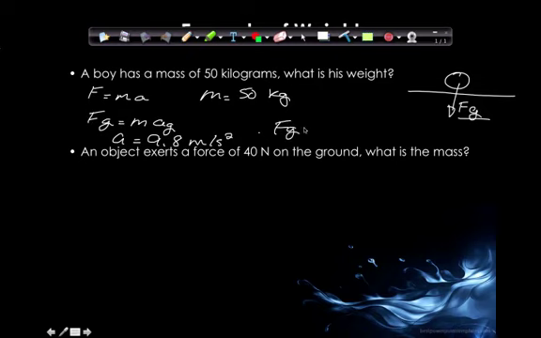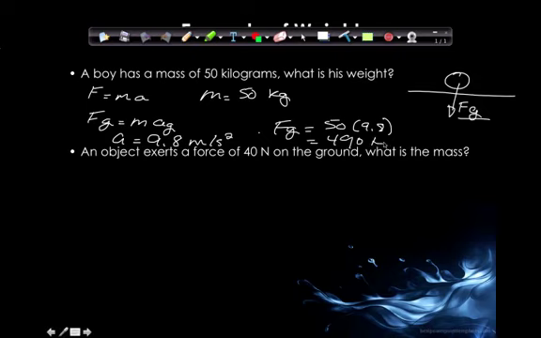So the force due to gravity is equal to 50 times 9.8, which is about 490 newtons, I believe. So yes, 490 newtons.